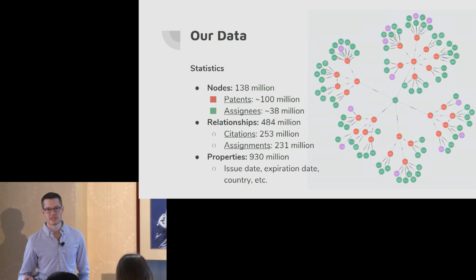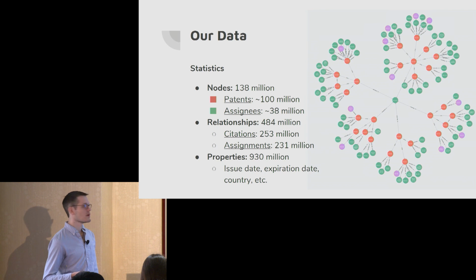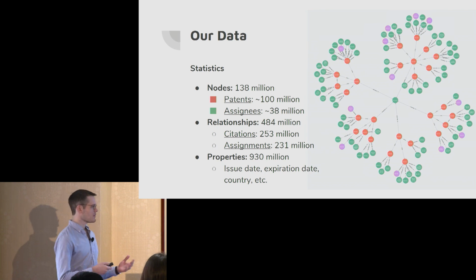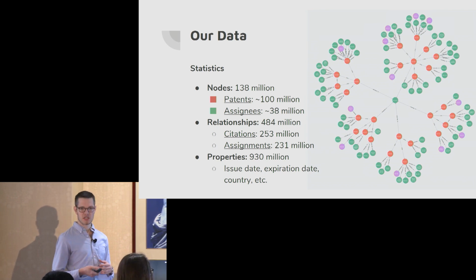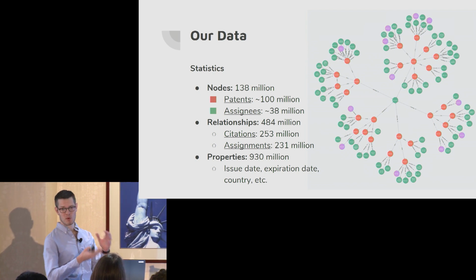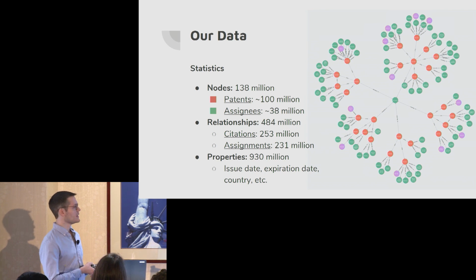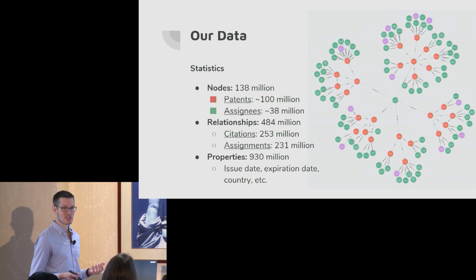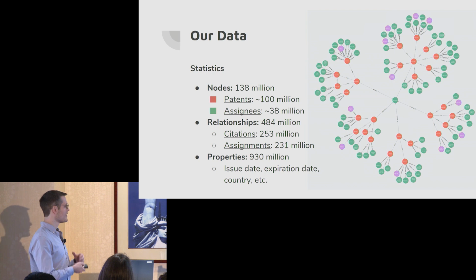And as far as properties go, we had about 900 million properties. Those properties are things like expiration date, issue date. We kept a pretty sparse graph in terms of how much data we were putting on these properties. We knew that we were going to be studying citation relationships. We didn't pull in the whole kit and caboodle. There wasn't free text sitting there on each of these patents.